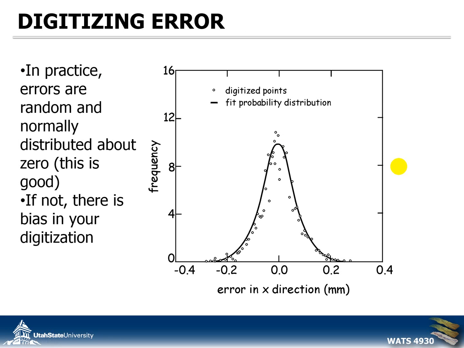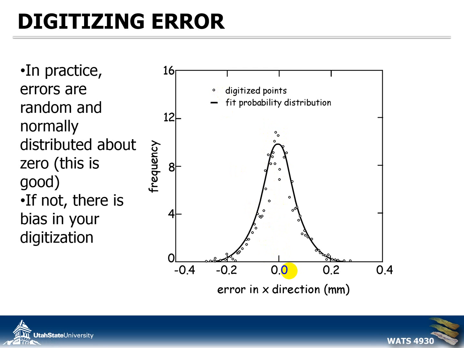When you do digitize, whether it's on a tablet or on the screen, there's always error in doing that. What we're looking at here is a frequency distribution of position errors, comparing the digitized points to how far off they are from reality.